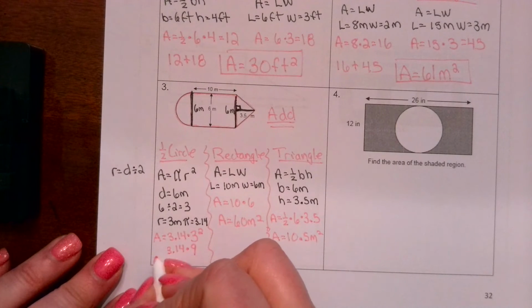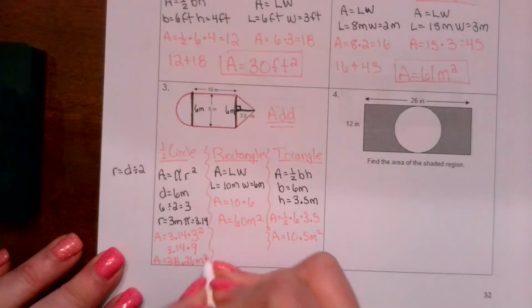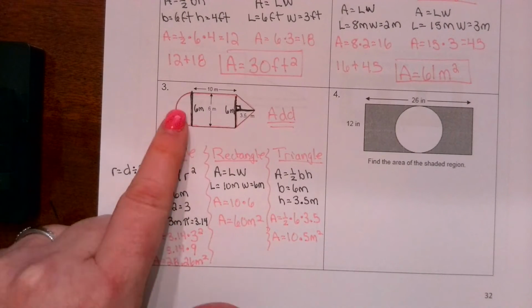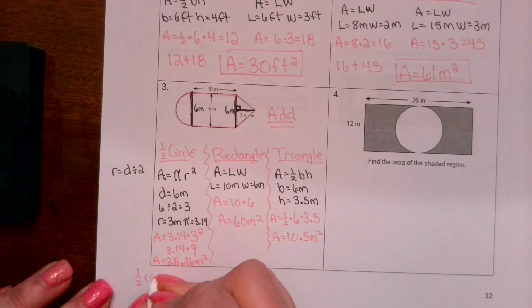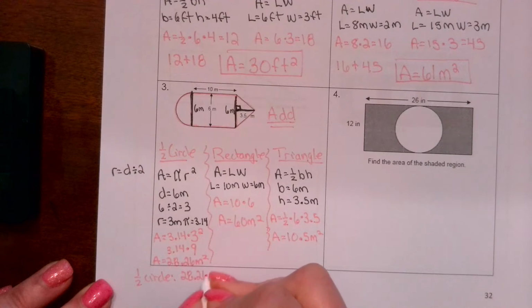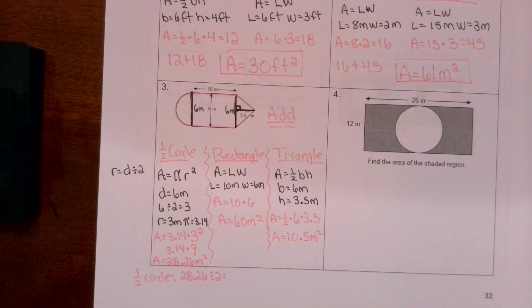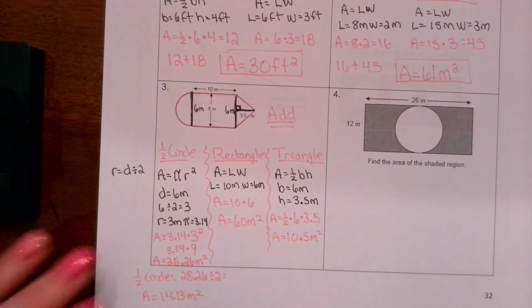And that equals 28.26 meters squared. But hold on, that's the full circle. I only want half the circle. So I need to divide 28.26 by 2. And that will give me the area I'm looking for, which is 14.13 meters squared.